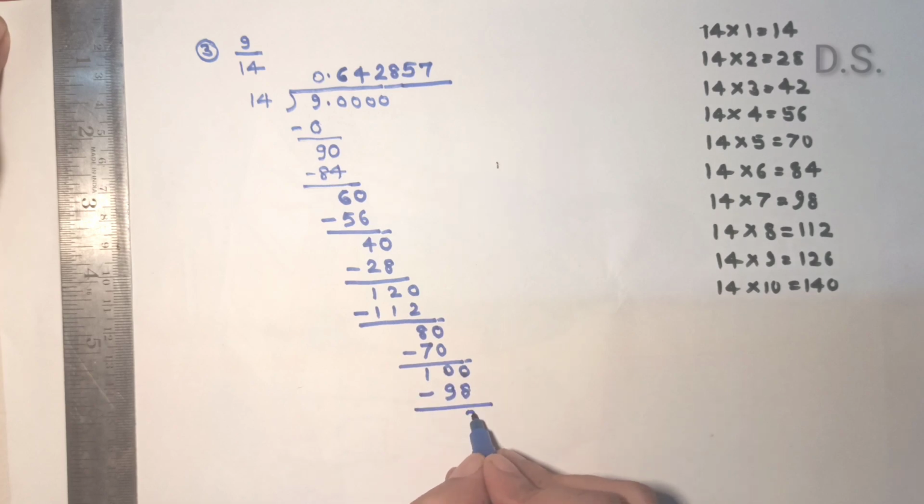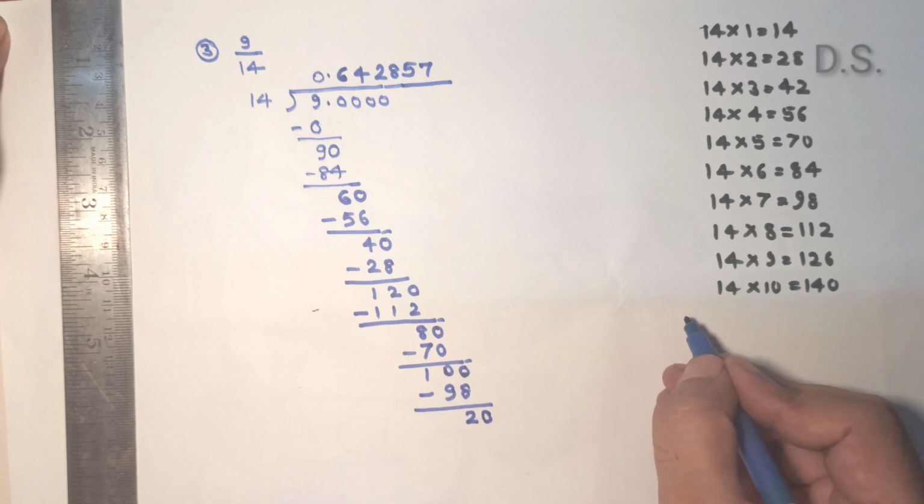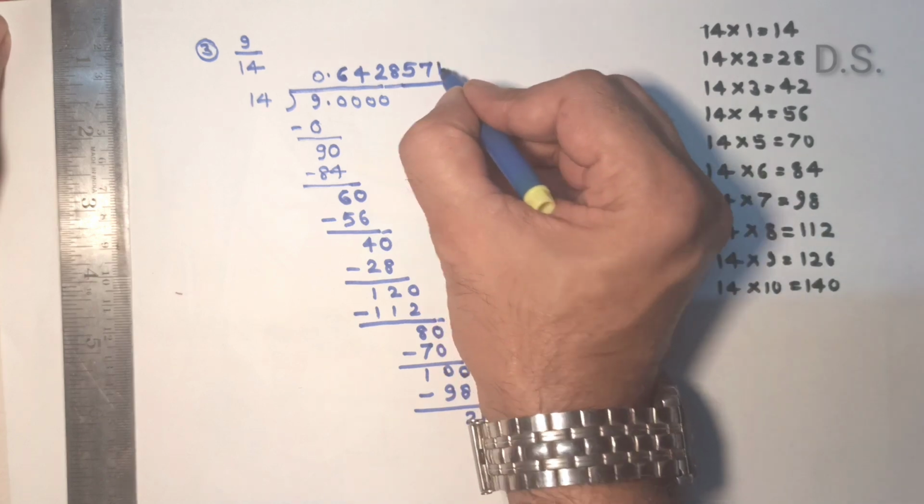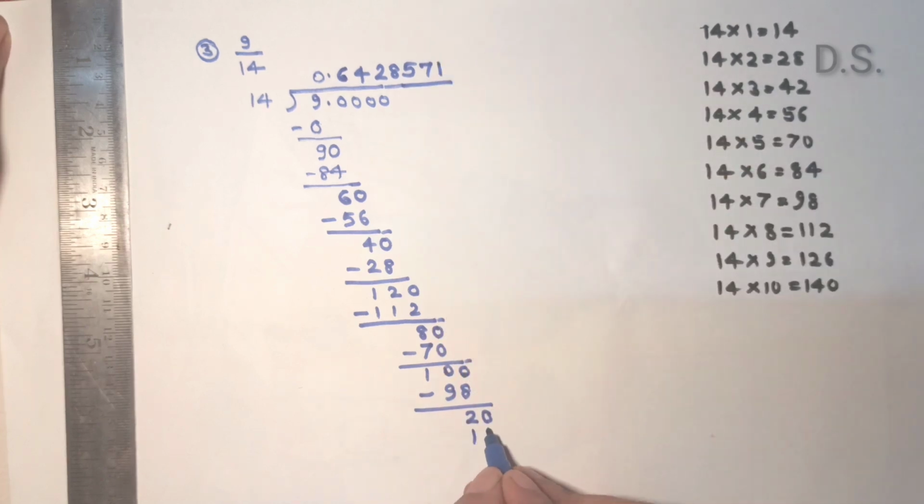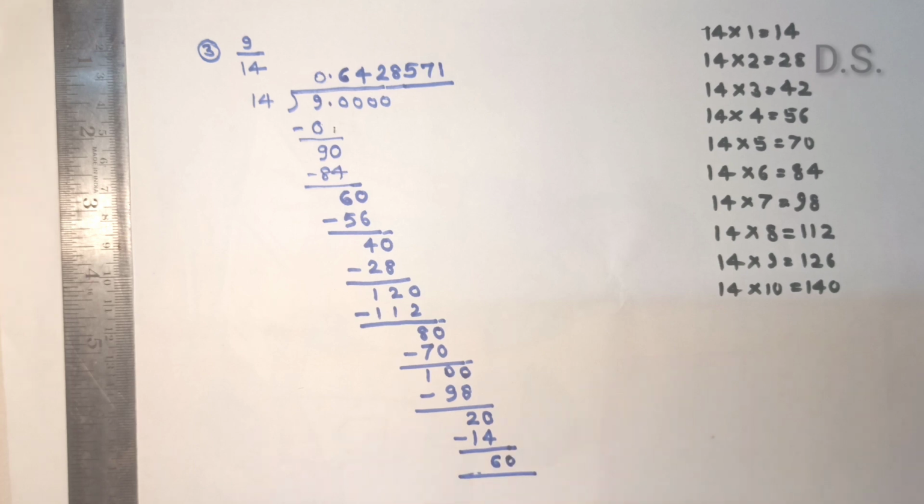Your remainder will be 2. And put 0, 20. It will go 1 time. 14 ones are 14. Subtract. You will get 6 and put your 0. That means 60.